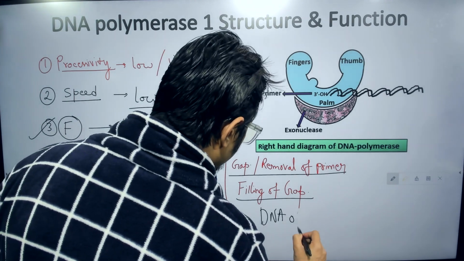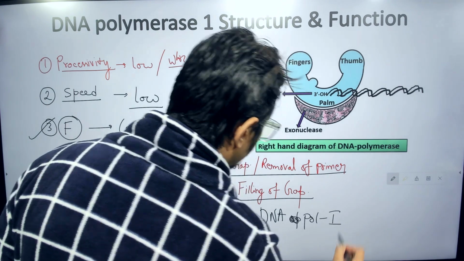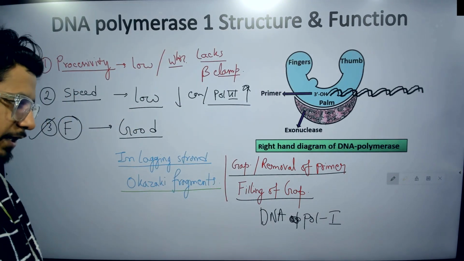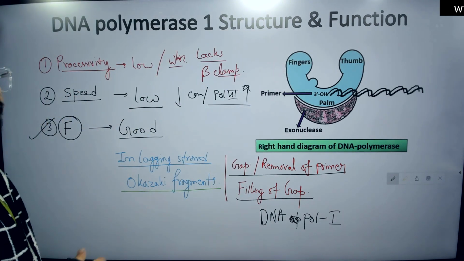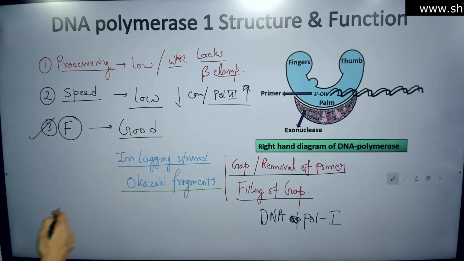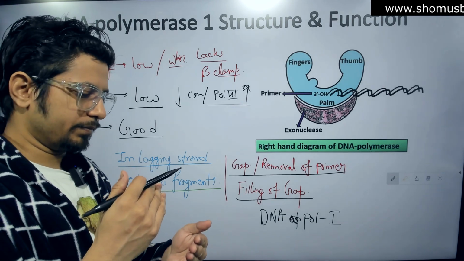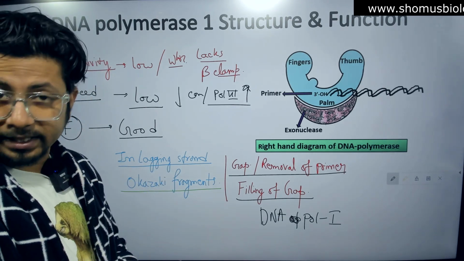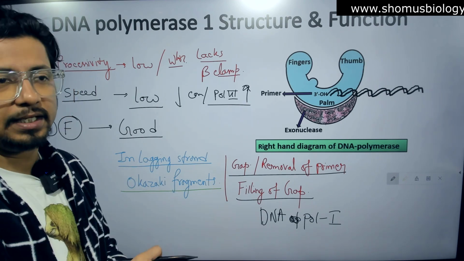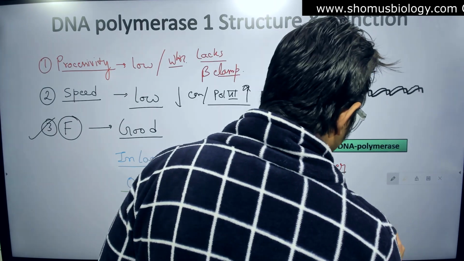After DNA polymerase 1 fills the gap, there is a nick, meaning a break in the phosphodiester bond, and the nick should be sealed. The nick is sealed by DNA ligase.